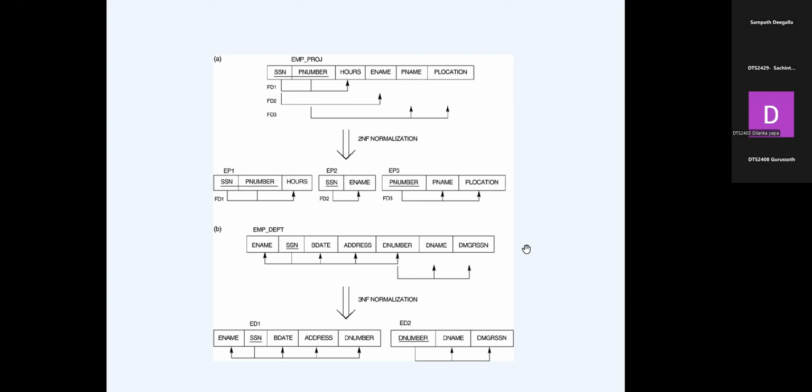Right. So now I have a question for you. Given this relation, is it in the first normal form? Is it in the zeroth normal form?